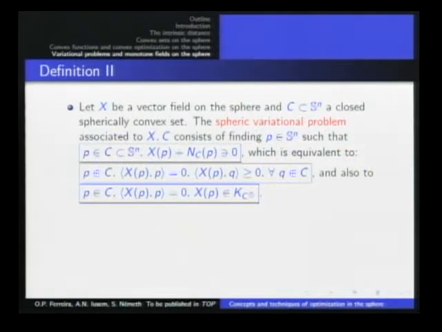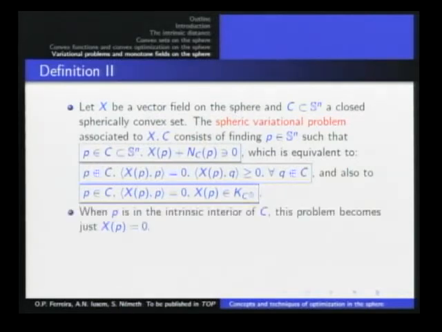Now I consider the variational problem, which, given a vector field X and a convex subset C, I want to find the point P which is feasible and such that 0 belongs to the field plus the normal cone, which can be written equivalently in these two other forms. And okay, here there is an error.